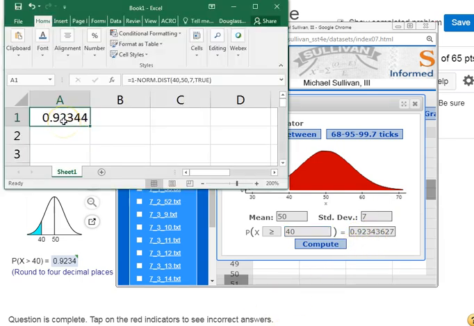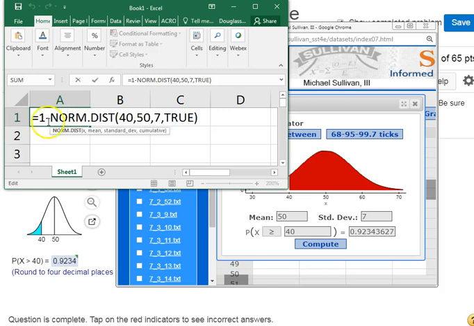Once again, I'll show this in Excel. Now instead of NORM.S.DIST, we just use NORM.DIST because we don't have the standard normal distribution. We have different values for the mean and the standard deviation. So enter in the data value you're looking at, the mean of the distribution, the standard deviation, and then comma true, close the parentheses, and you're going to get that same result as in StatCrunch.